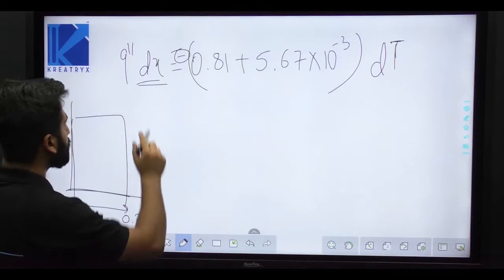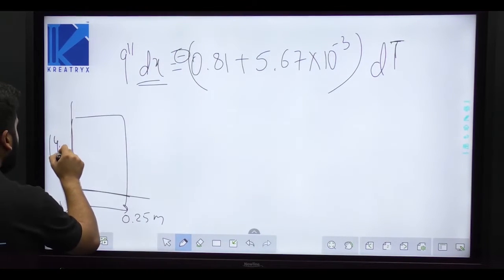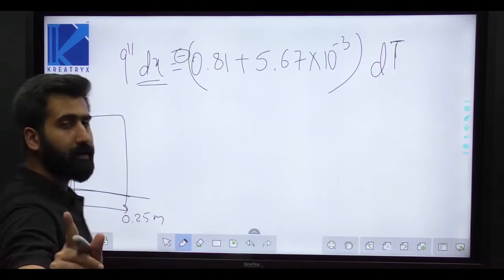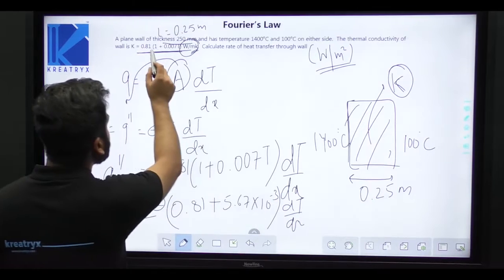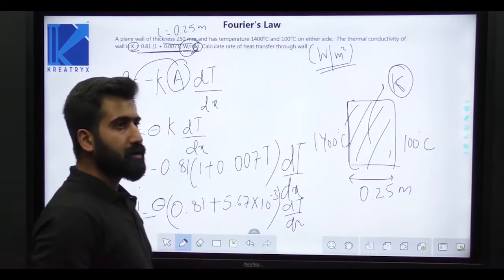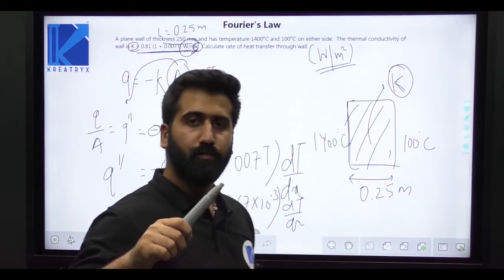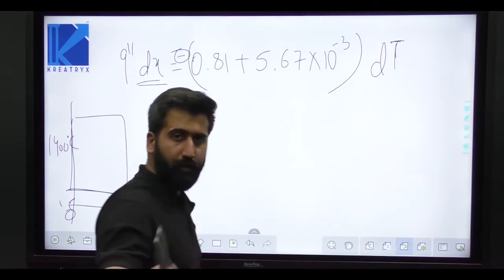So the limits of x are clear, and the temperature here will be 1400 degrees Celsius, but in this equation K is in watt per meter Kelvin. So take care that you have to put the limits of temperature in Kelvin. This was an important point.